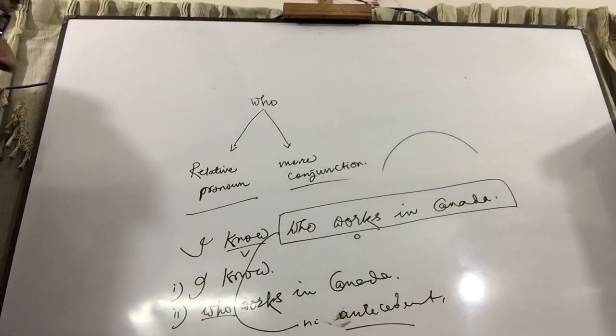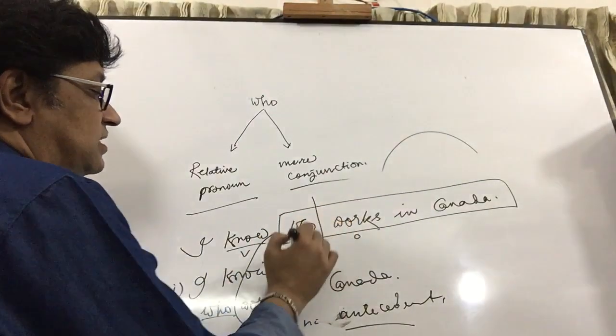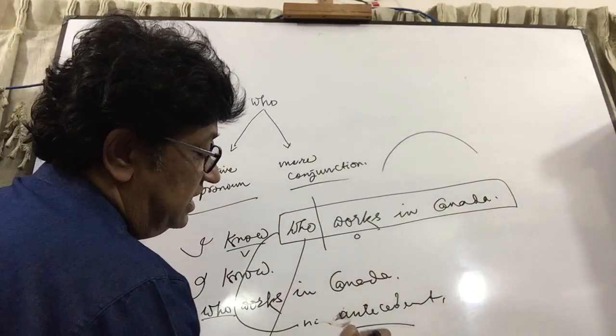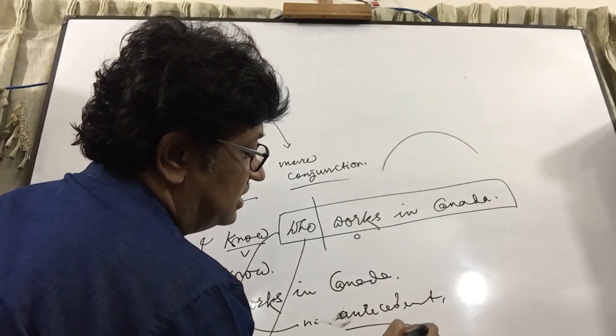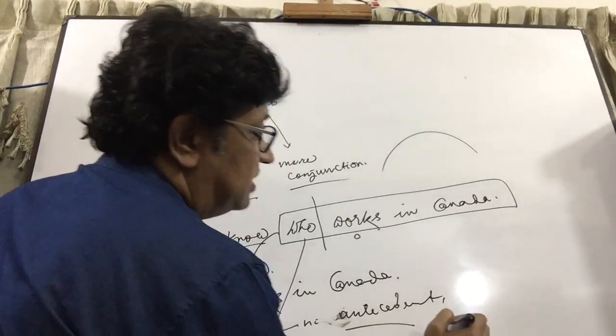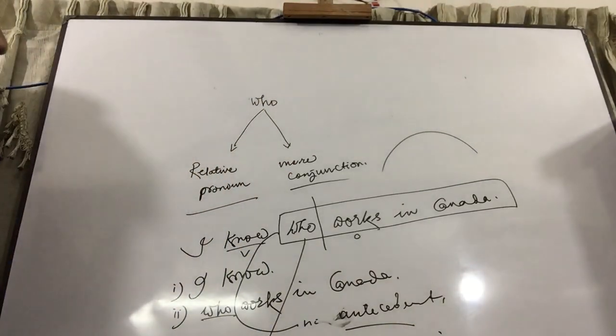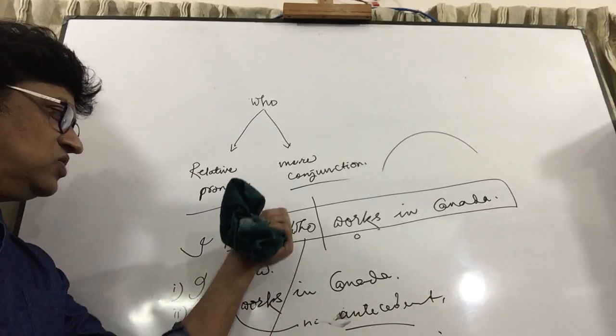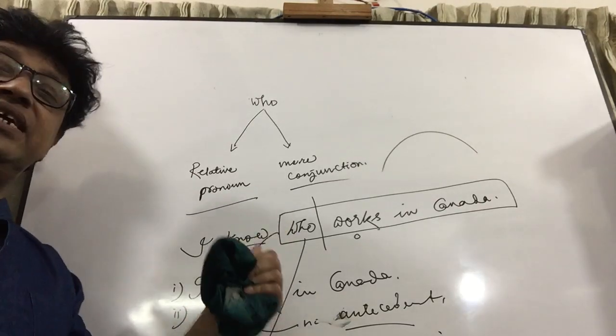That's why this conjunction here, who, is a mere conjunction, because it doesn't supply any information about the noun that goes before. There is no such noun, there is no antecedent.